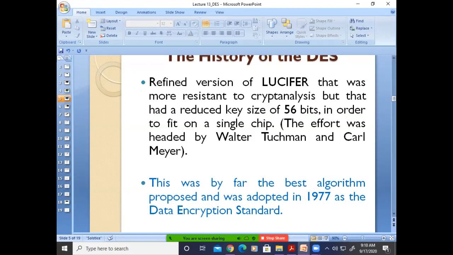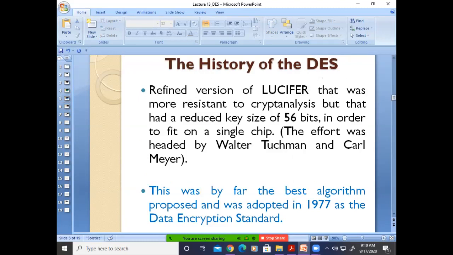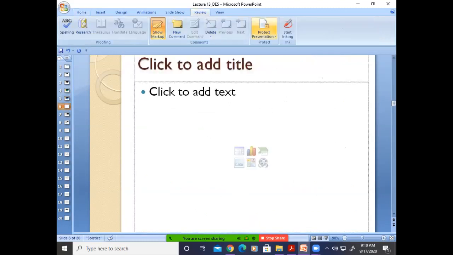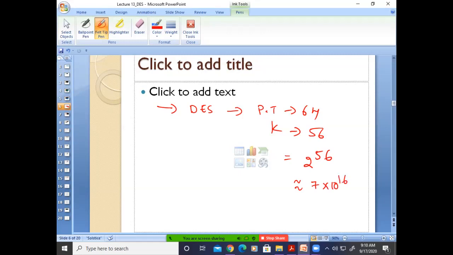What was the criticism of this? In DES, the plain text block is 64 bits only, but the key size is reduced to 56. So how many combinations do we get? 2 power 56 combinations, which is approximately 7 times 10 to the power 16 possible keys.